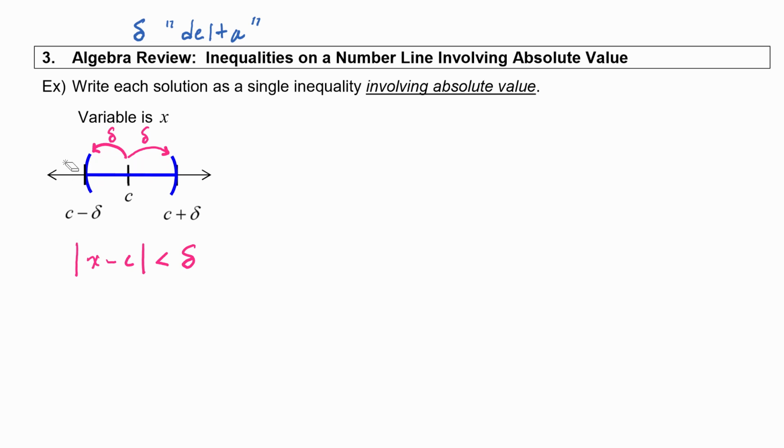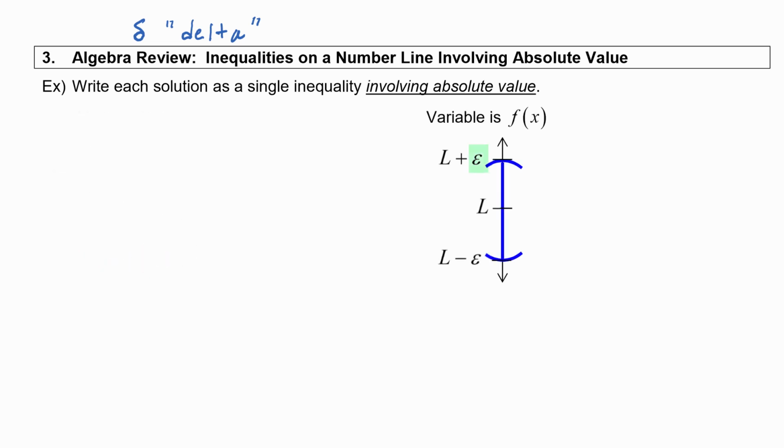Or if we had an x value over here, then the distance from that x value to c would be greater than delta. So if we want to keep our x values in this region, then we have to make sure that the absolute value of x minus c is less than delta.